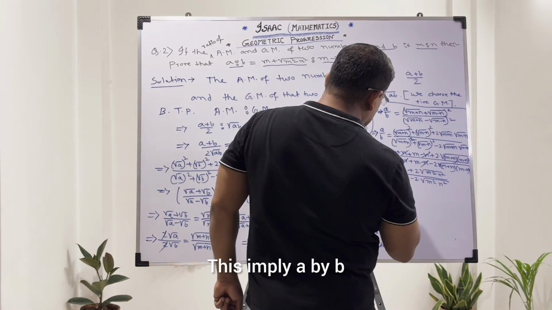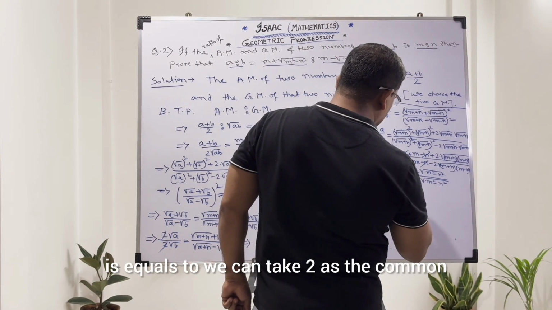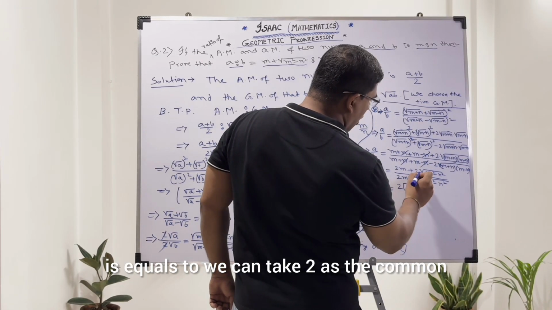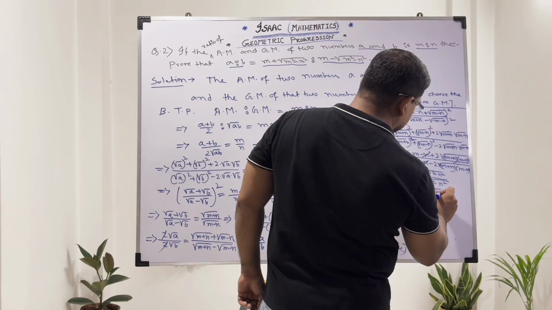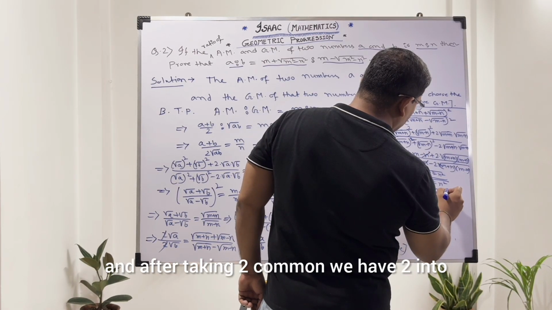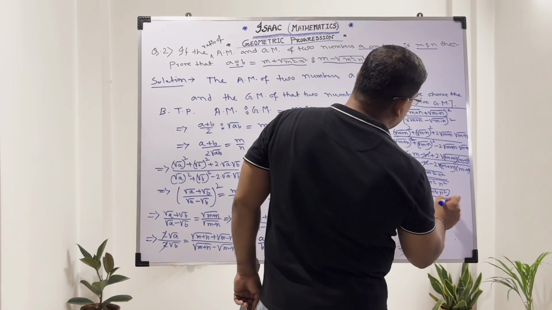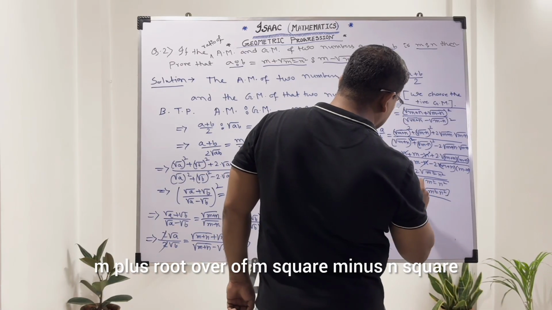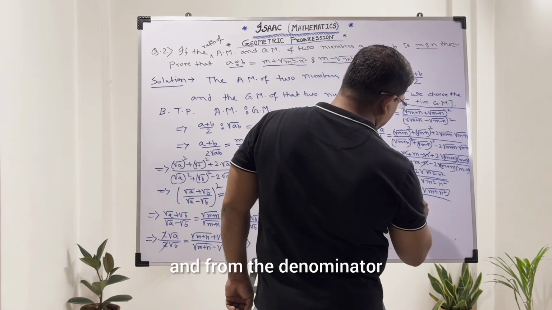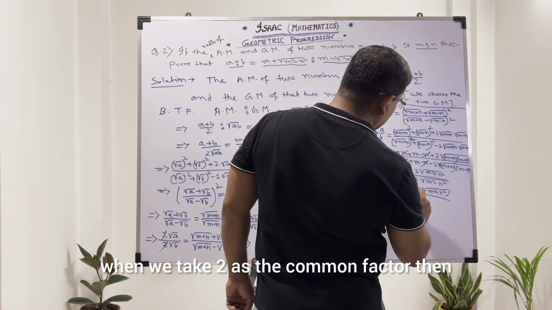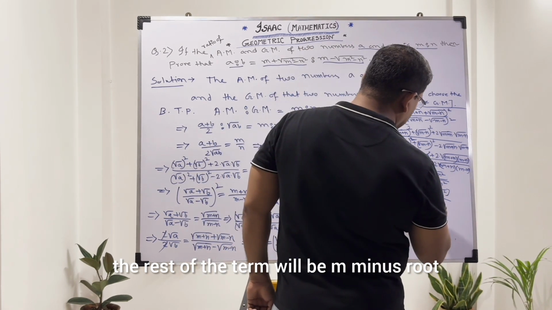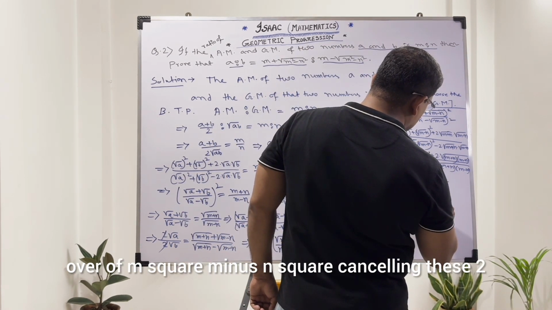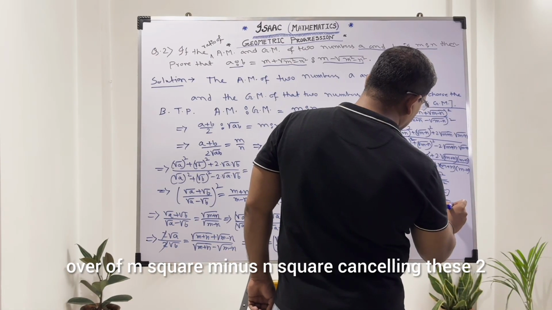This implies a by b is equal to, we can take 2 as the common factor from the numerator, and after taking 2 common we have 2 into (m plus root of m square minus n square), and from the denominator when we take 2 as the common factor, the rest of the term will be m minus root of m square minus n square.